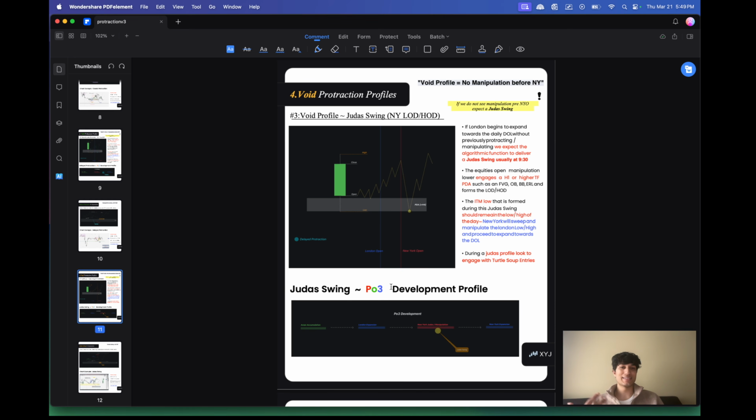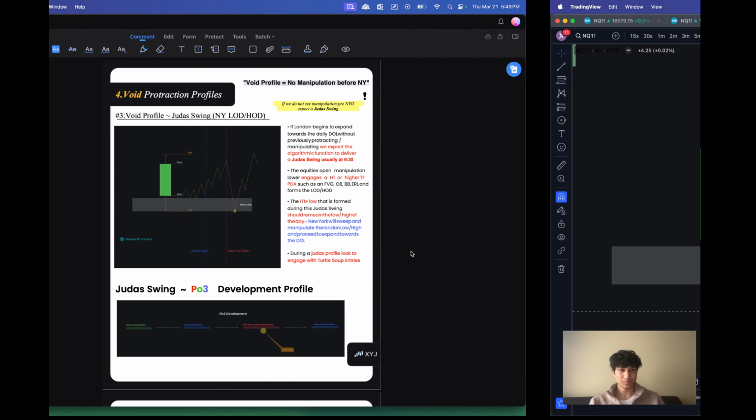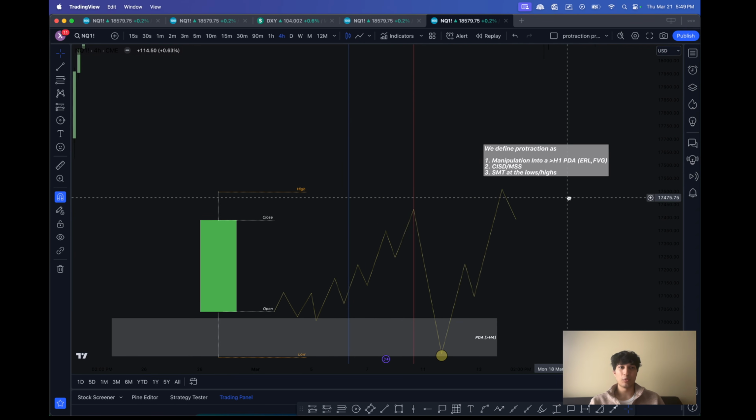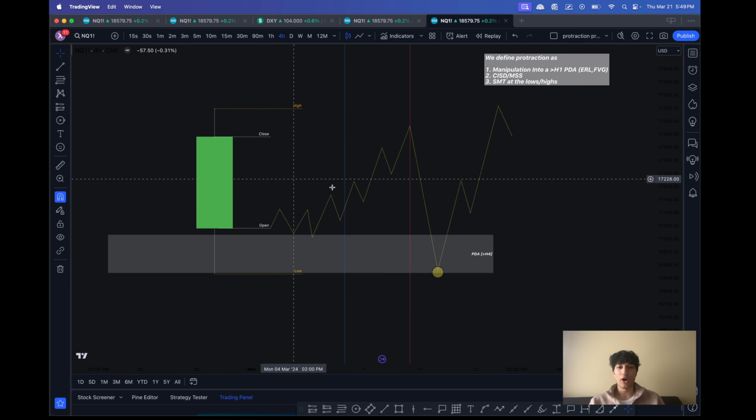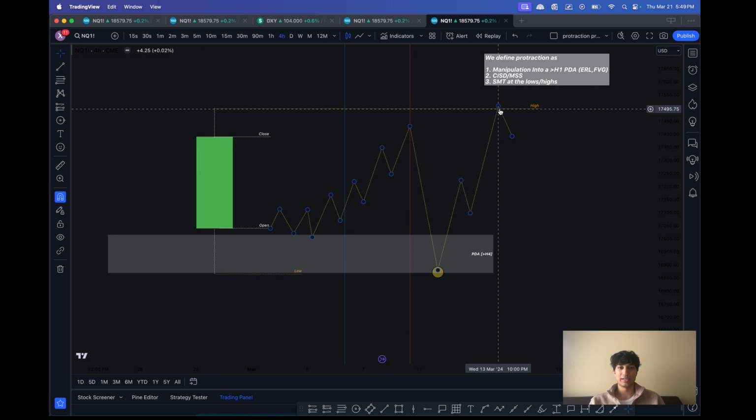And the reason why this happens is because we have a statement that we want to be utilizing. If London does not manipulate, i.e., the draw on liquidity is this high, for example, then we expect New York to manipulate before distributing. However, if London manipulates, there are conditions for New York continuations higher.